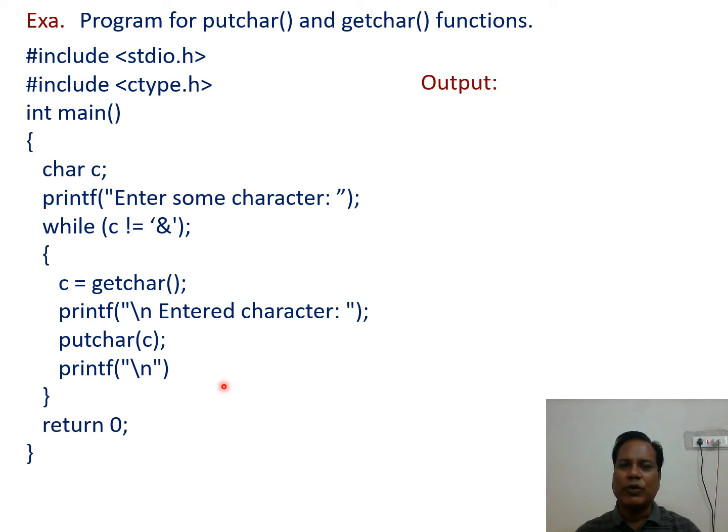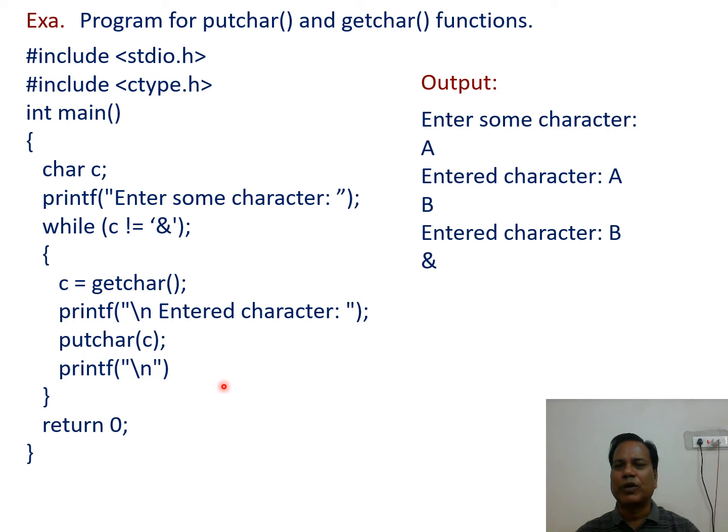And when this program is run, we get the output like this. Enter some character. The user enters A. That is taken in by the getchar function and printed on the output screen by the putchar function.